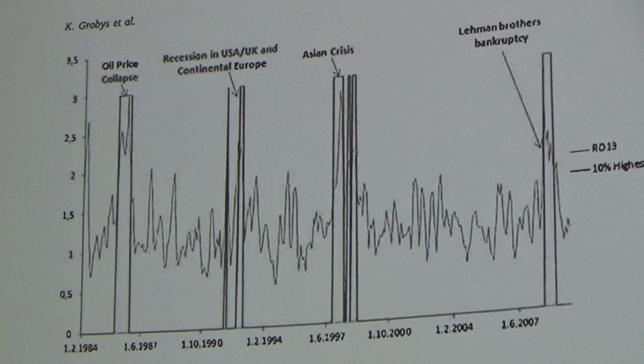This is our measure for cross-sectional return dispersion in the currency market using carry sorted portfolios. So we see periods of high and relatively low cross-sectional return dispersion in the currency market, very similar to what we observe in equity markets.